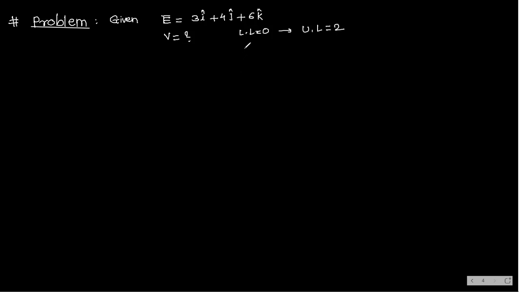Lower limit 0, upper limit 2, from 0 to 2. Yes, no?